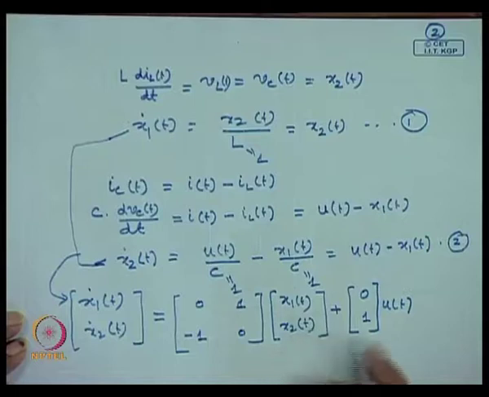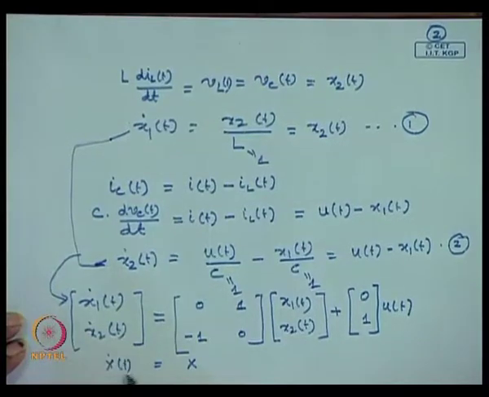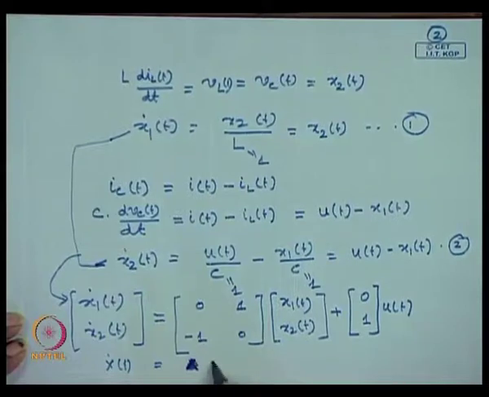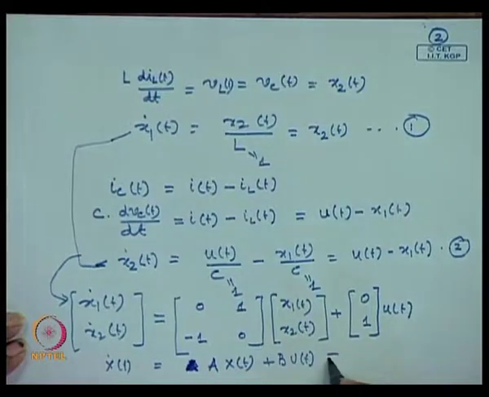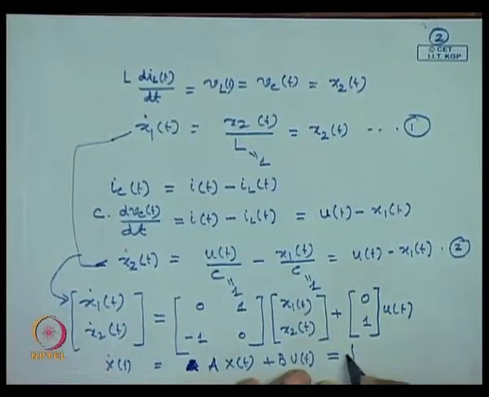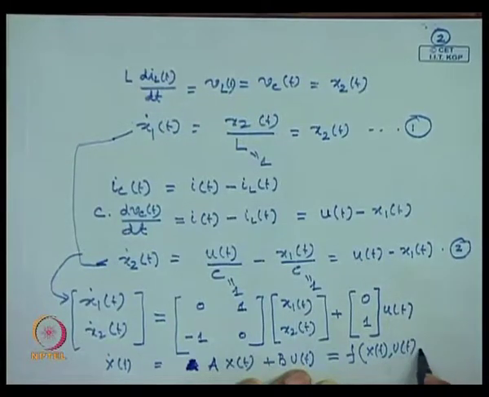And this is a very well known structure of the state space representation of a system. That is, this is x dot of t equal to A x of t, where A is a constant matrix, plus B u of t, which we can write as a function of x of t, u of t, comma t.